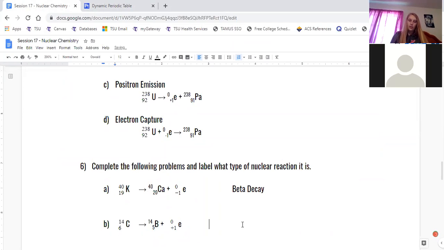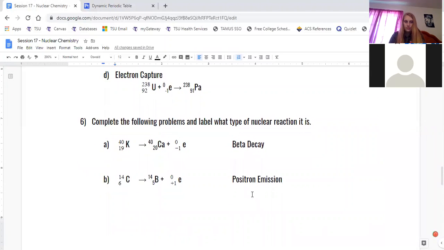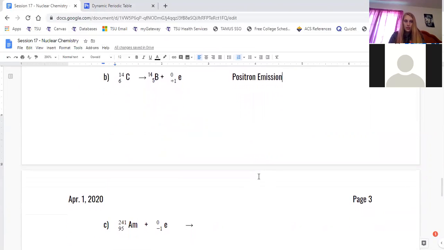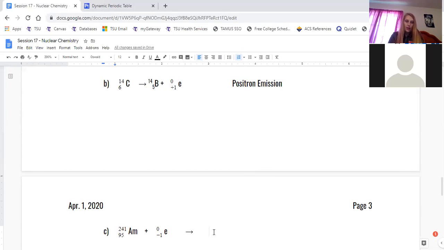And what type of nuclear reaction is this? Perfect. It's going to be a positron emission. Okay. So we can go on to the next one. All right. So what are we going to come up with for this reaction? 241 over 94.